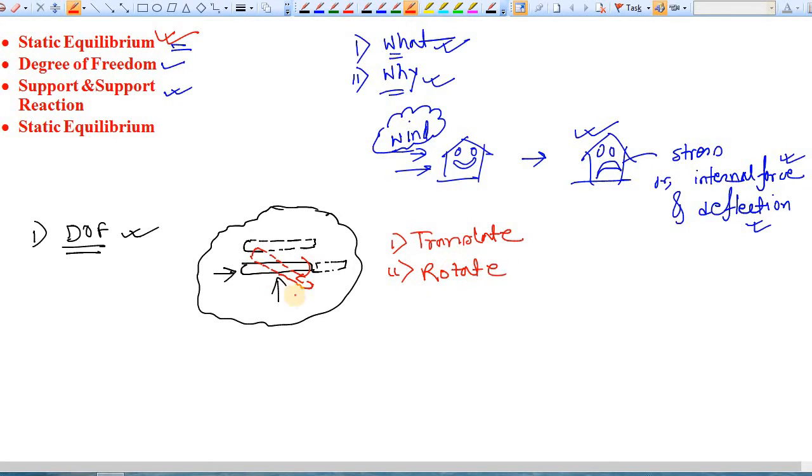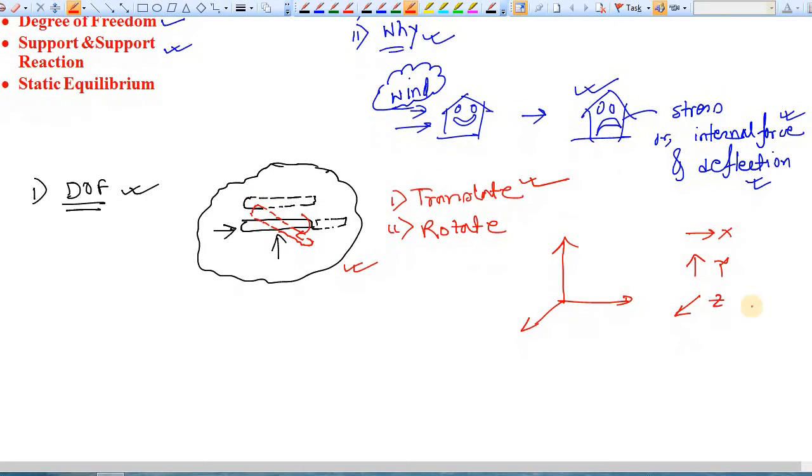In a three-dimensional space system, it can translate in the x direction, y direction, and z direction.